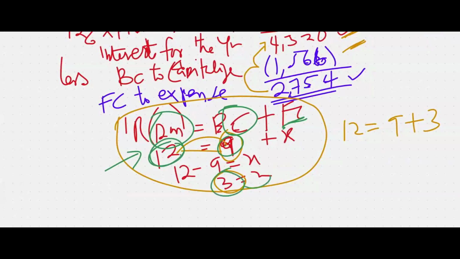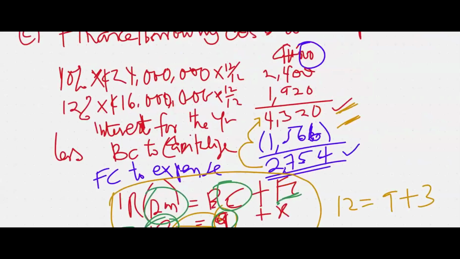So if the interest for the entire year is 4.32 million, then what is our borrowing cost? Our borrowing cost, in green, is 1,566,000. I dropped 3 zeros at the top. The difference will give us the finance cost to expense.